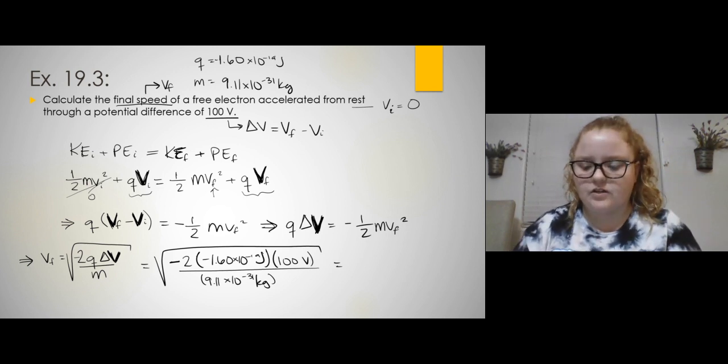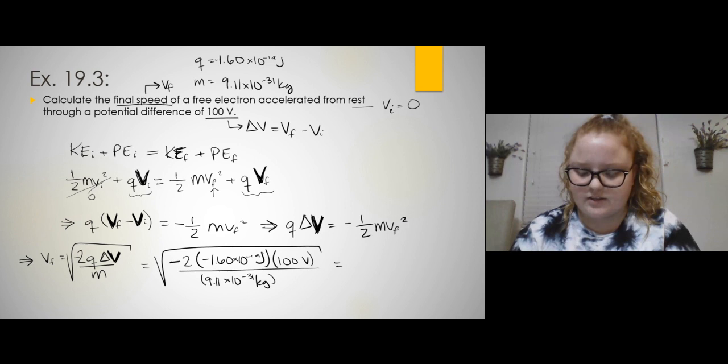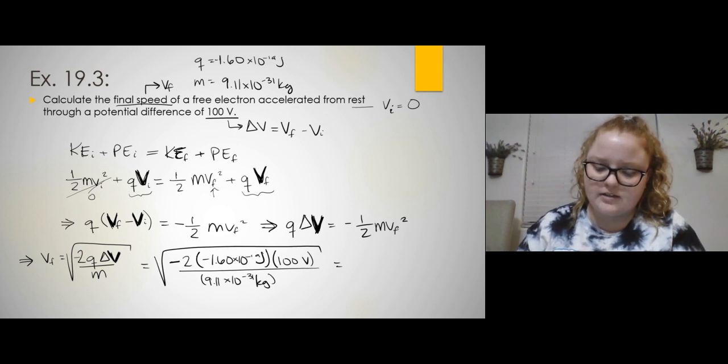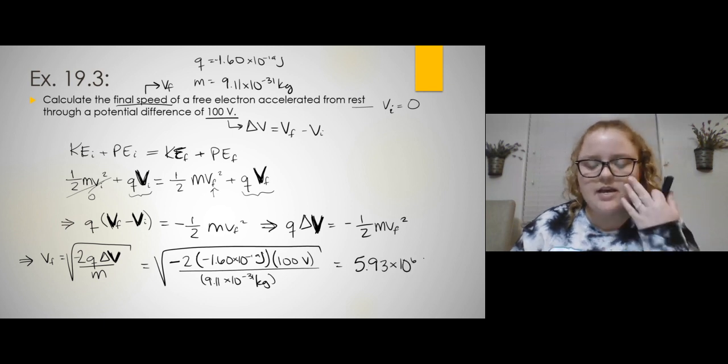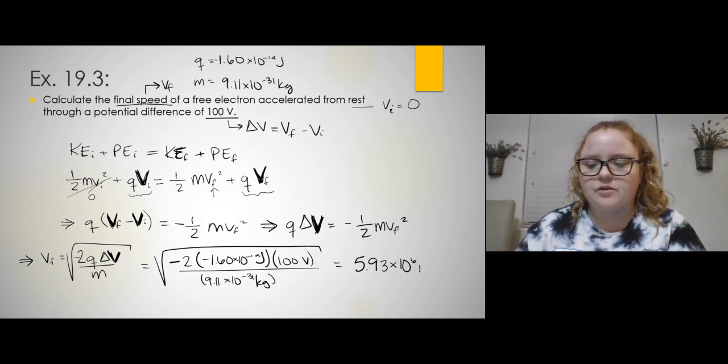So 2 times 1.6 times 10 to the negative 19th times 100, divide that by 9.11 times 10 to the negative 31st, and then take the square root, and we get 5.93 times 10 to the 6th, and this is going to be in meters per second.